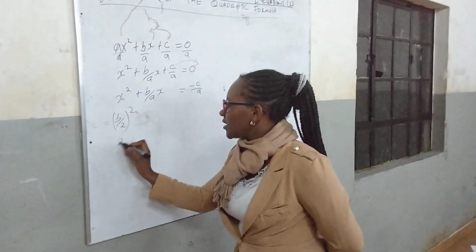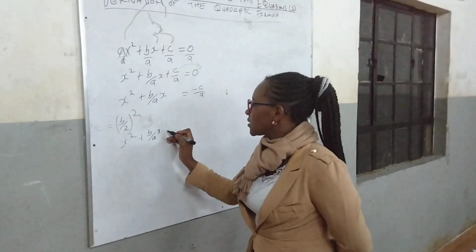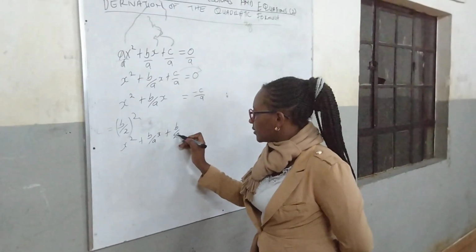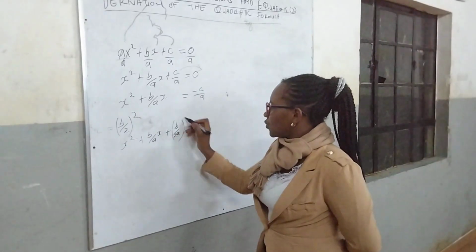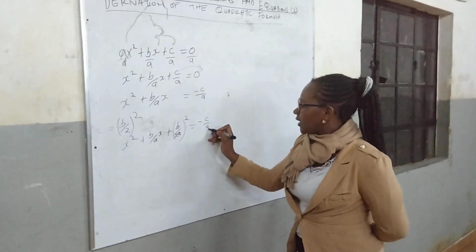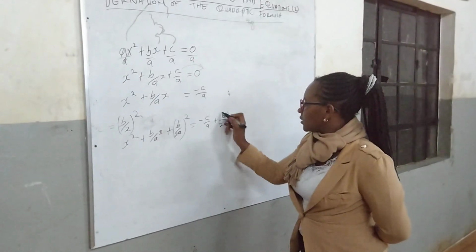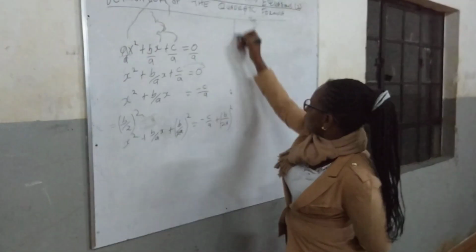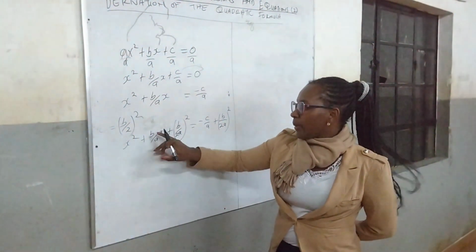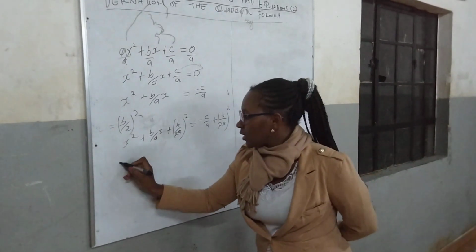So here we have x squared plus b over a x plus b over 2a squared is equal to negative c over a plus b over 2a squared.